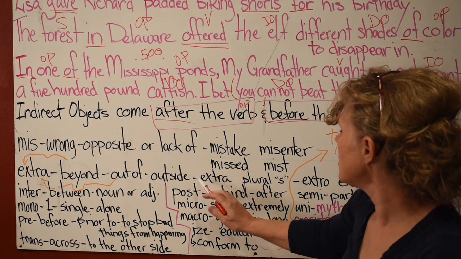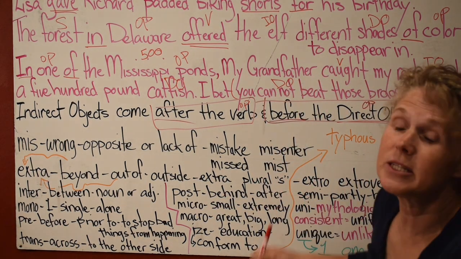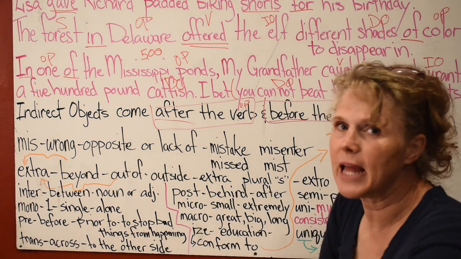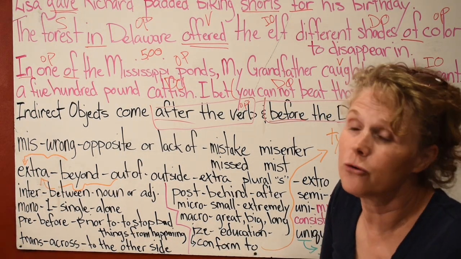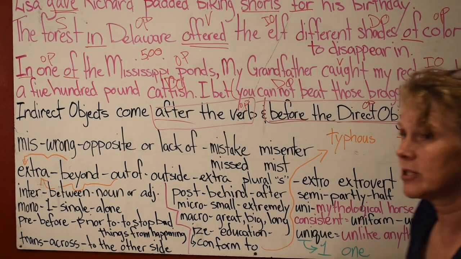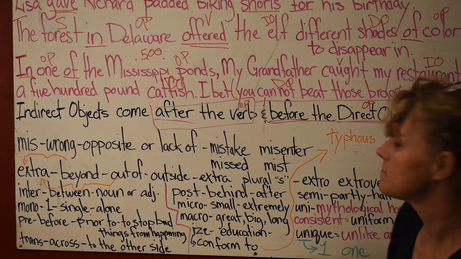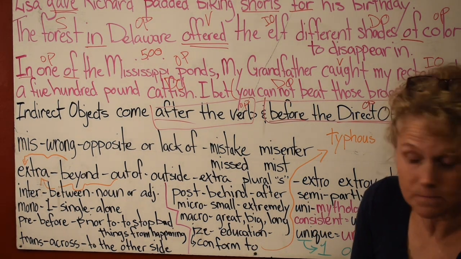So extra can be its very own word. You can add the plural S to it to make it be more than one, like extras in a movie, extra napkins, extra plates. We did extra to make sure that we had enough food. What is also really interesting right here is we have extra and extra, they have the same meaning.